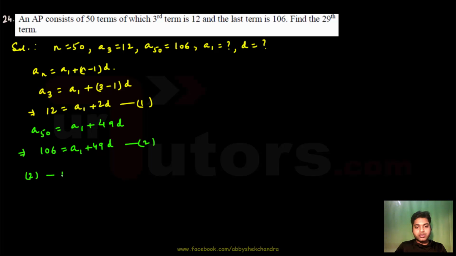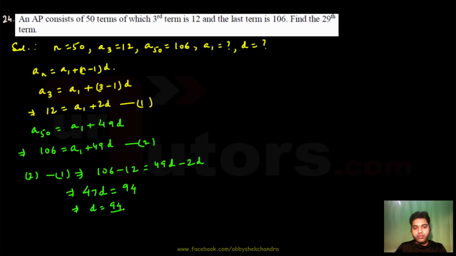So 2 minus 1 will give 106 minus 12 equal to, a1 will cancel, we'll get 49d minus 2d, or let's interchange the LHS and the RHS. We'll get 47d as 94, or d equal to 94 by 47, which is equal to 2.